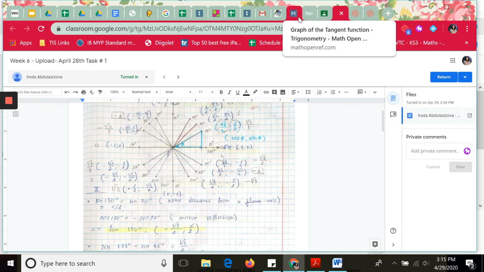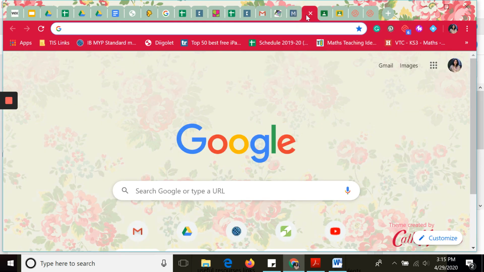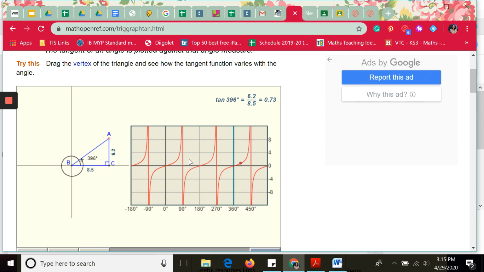If we look at tan, the graph of tan theta looks like this. These red lines are the asymptotes where tan is undefined. As you know, the first value where tan is undefined was 90; tan 90 was infinity.